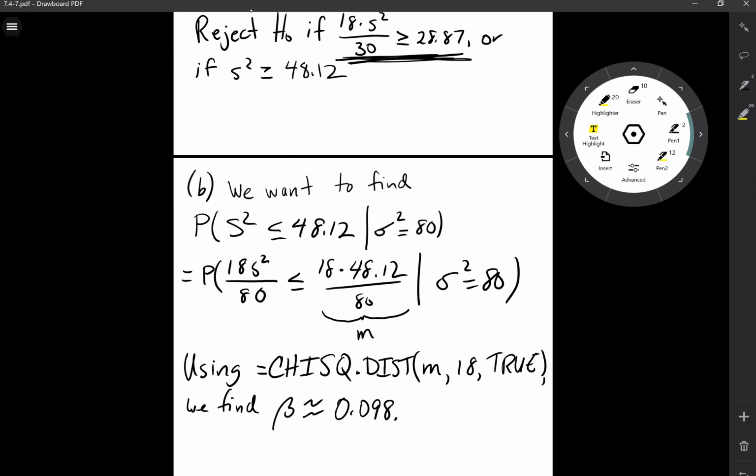The alternative says that sigma squared is 80, so I'm going to divide both sides by 80 here to transform it. So just to save me some writing, I'm going to call this the letter m here. So this 18 times 48.12 divided by 80, I'm going to call that m. I want to figure out what this probability is.